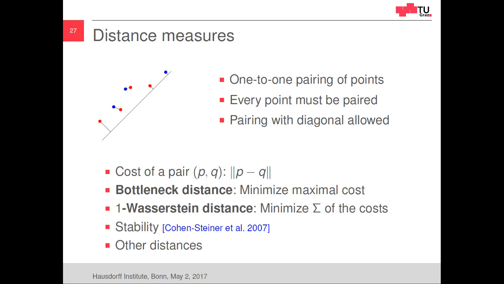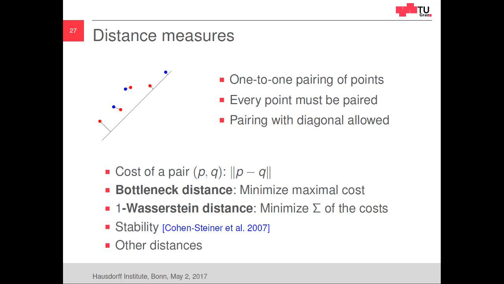Among all possible pairings, you can try to minimize the longest edge in the pairing, then you get the bottleneck distance, or you minimize the sum of the costs, and then you get the Wasserstein distance. For both of them, there are stability results proven, and there are many other distances. I guess we might even see some of them in this workshop, but I focus entirely on these two classical distances.